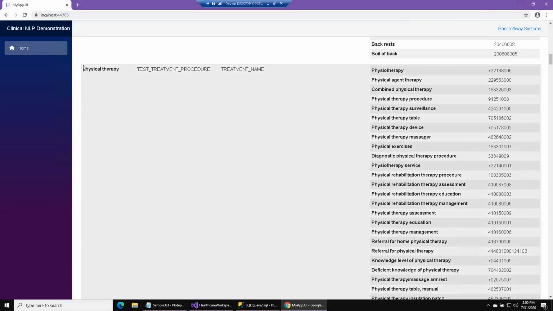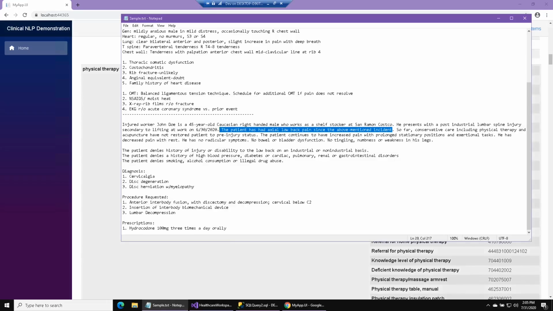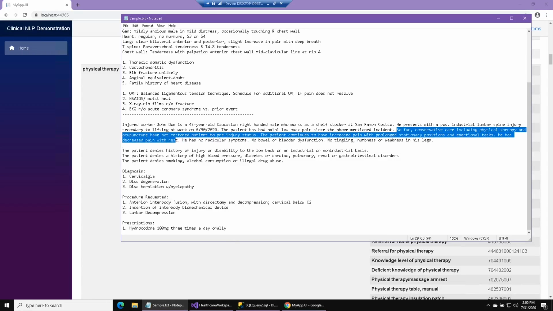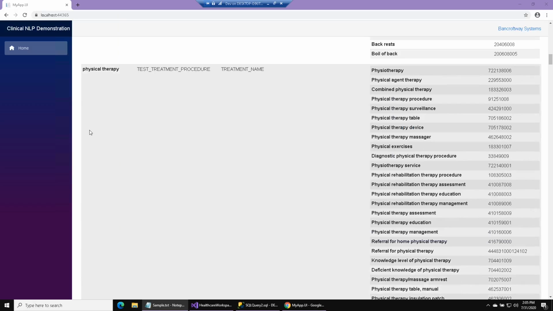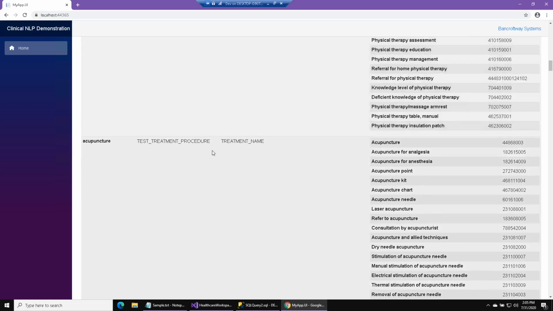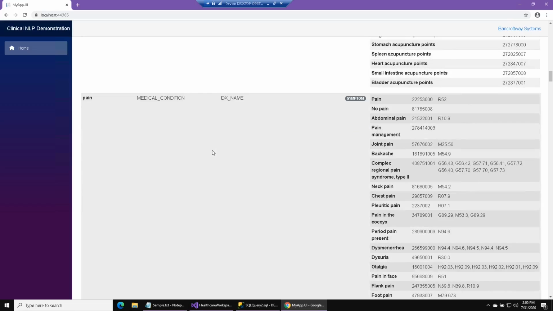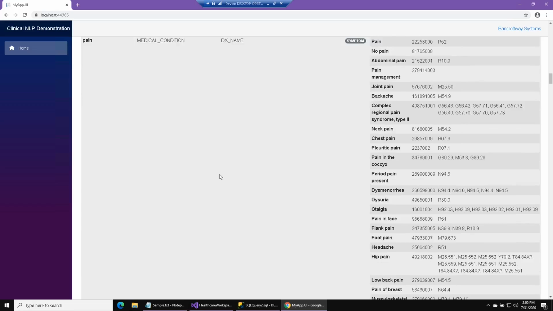We are talking about physical therapy. The clinician made a comment here: so far, conservative care, including physical therapy and acupuncture, have not restored patient to pre-injury status. The computer sees that and flags that the patient is undergoing physical therapy and acupuncture, and that the patient has pain as a symptom.